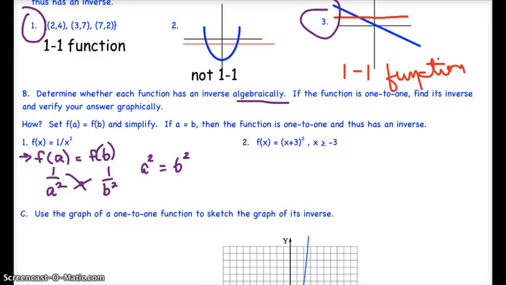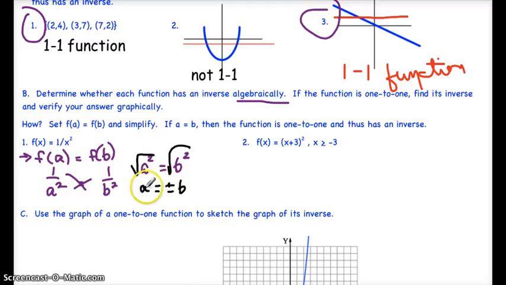Let's solve this for a. In order to solve for a, we take the square root of both sides. And when I take the square root of both sides, I come out with a equals positive or negative b. Well, I also know that the square root of a squared can only equal one y coordinate.